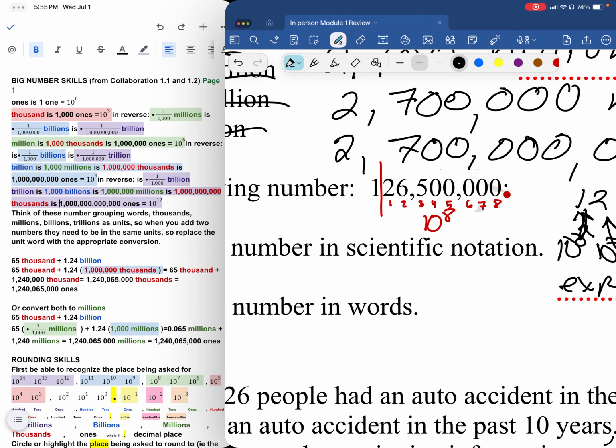And then I'm going to move the decimal place over to here, and I'll get 1.265 times 10 raised to the 8th. And if you're not sure, you can make sure you draw it up high, put the little caret there. So we know that that 8 is the exponent.